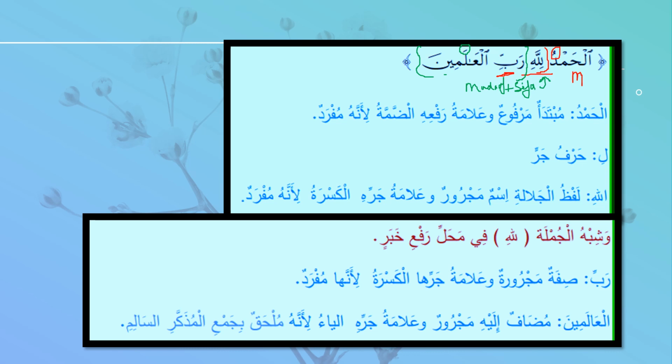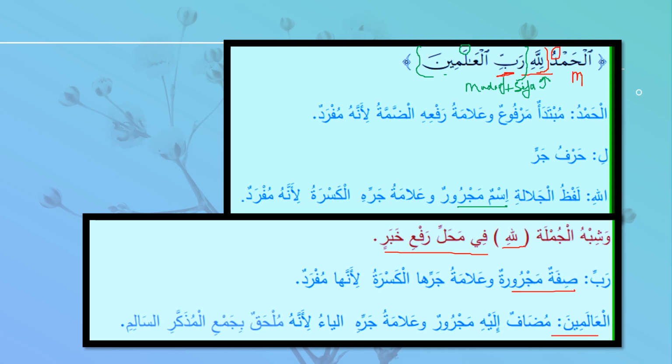Let's check the Arab. Alhamdu mubtada marfu and Li harf jar, Allah lafzul jalala in majrur position. And now shibh jumla we have Lillah fi mahal raf khabar. So it's the khabar for the alhamd. And Rabb has been taken as sifa majruratun with the clear kasra.